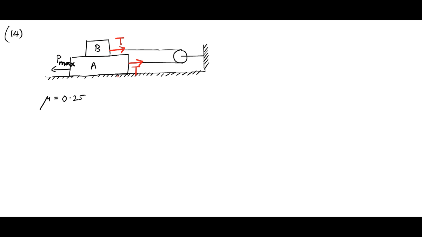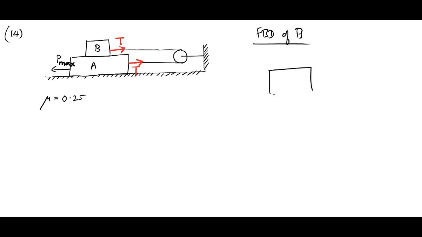That's a property of an ideal pulley and string system. So this fact we will make use of when we are drawing the two separate FBDs. Remember, the FBDs are drawn for the case of limiting equilibrium. So let's first draw the FBD of block B under these limiting equilibrium conditions.